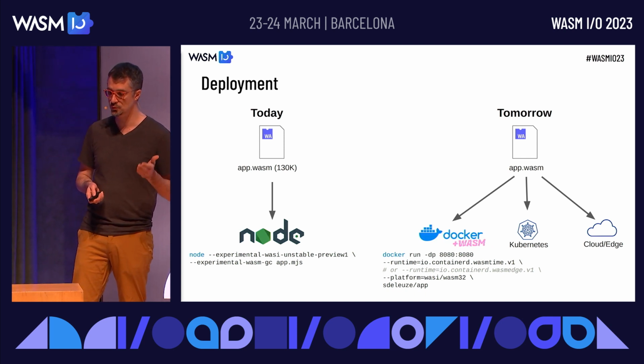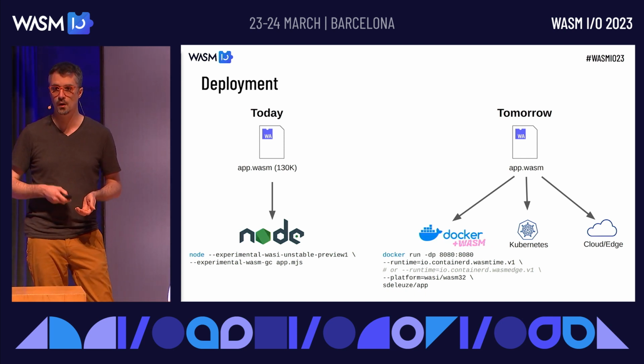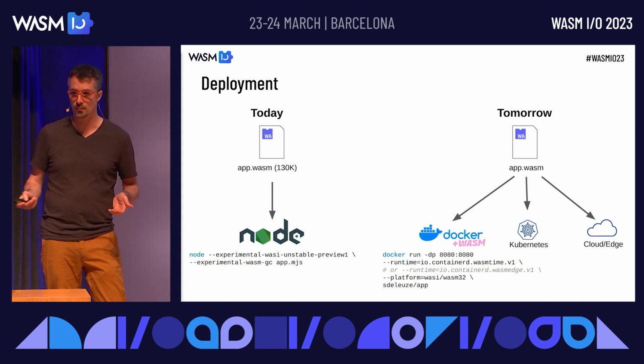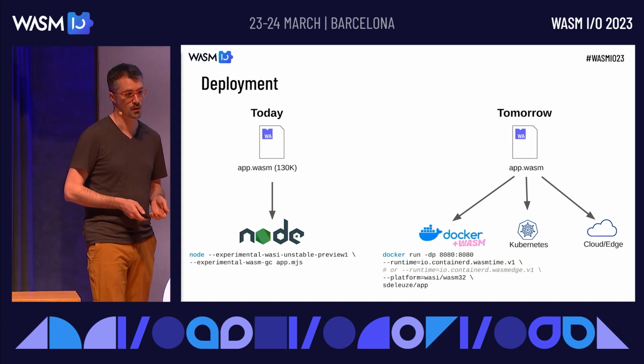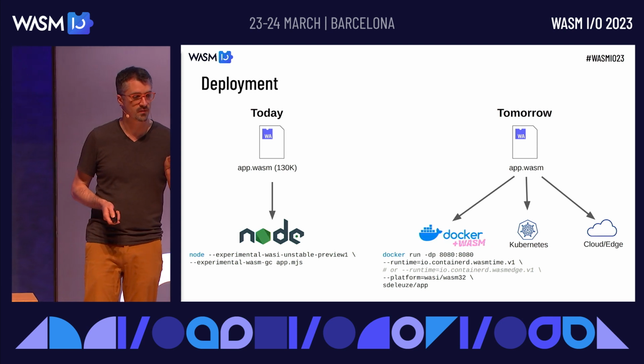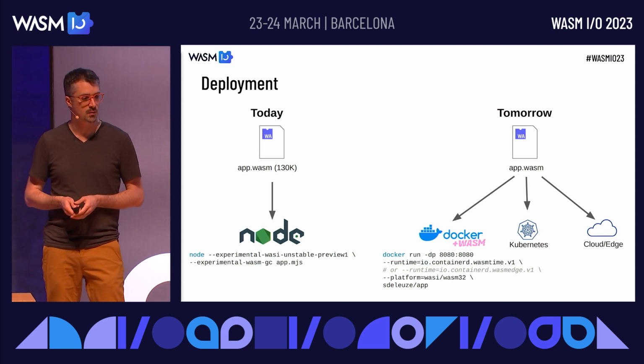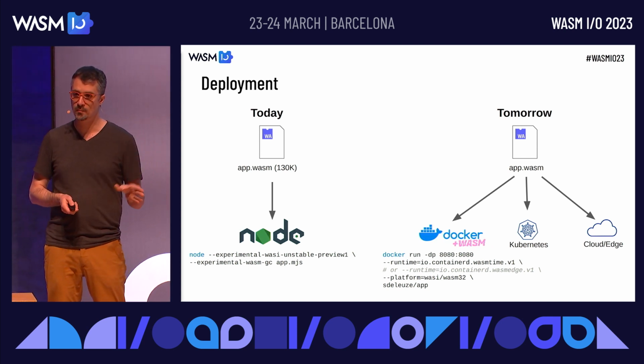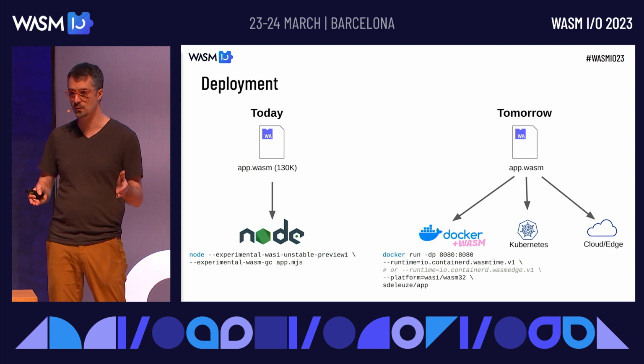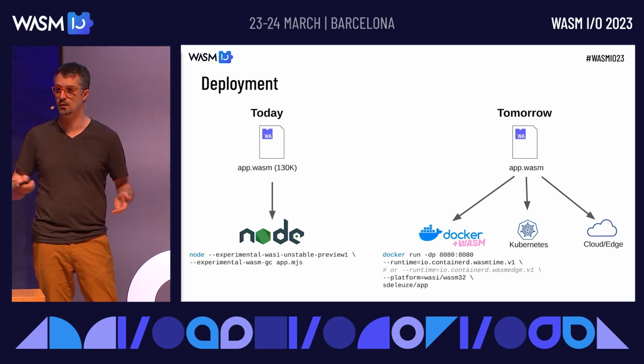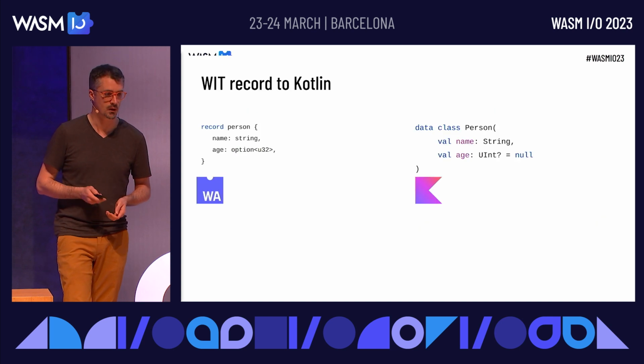We can ship that to Docker, to any Kubernetes platform, or to cloud or edge platform that support Wasm and WASI. So the goal is really to deploy a very small, let's say 200 kilobytes web application instead of a 100 megabytes container that you have typically currently with enterprise solution.